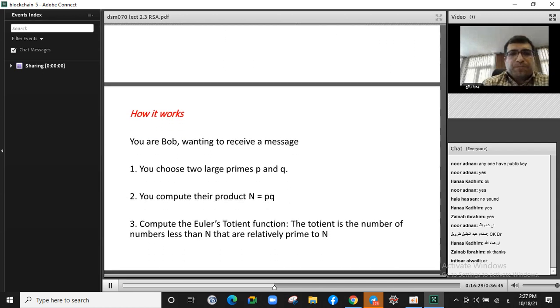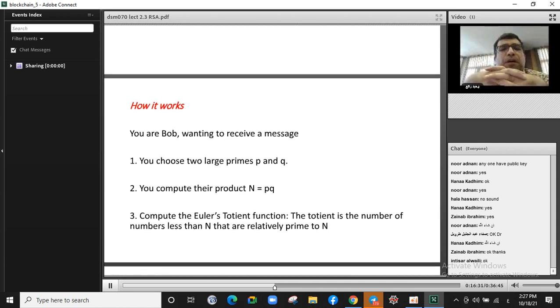But how does it work? Suppose that I'm Bob. I want to receive a message. So Bob wants to receive a message and Alice is the sender. At first, Bob, who is the receiver, we said everybody in the network must have a public and private key. So if Bob wants to receive a message, he must have a public key.